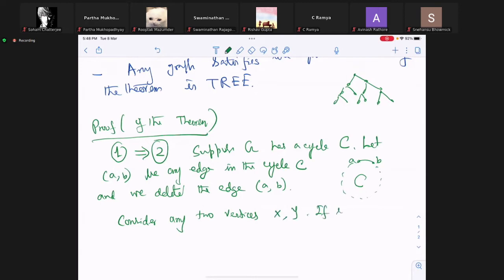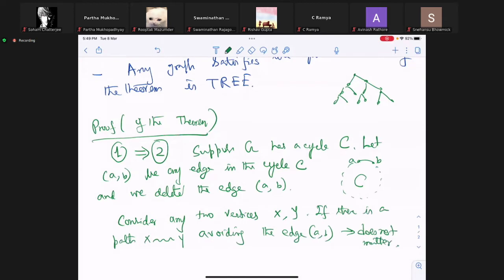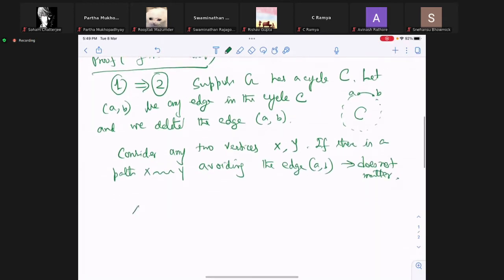If there is a path avoiding the edge AB, then it doesn't matter. Doesn't matter means whether you have removed or not removed. Otherwise, AB is sitting here, but then you can take the other arc of AB.